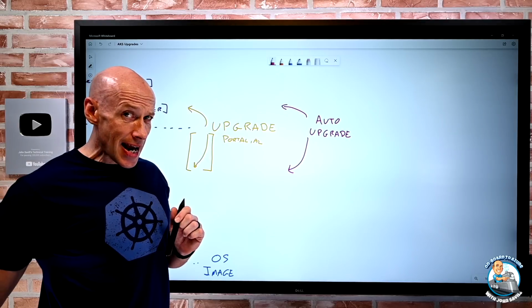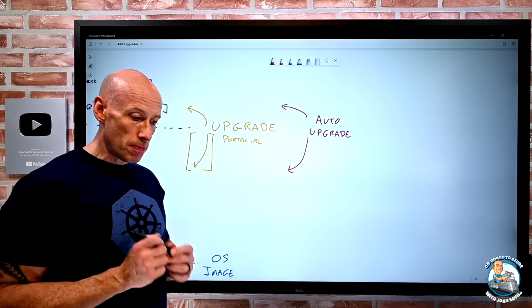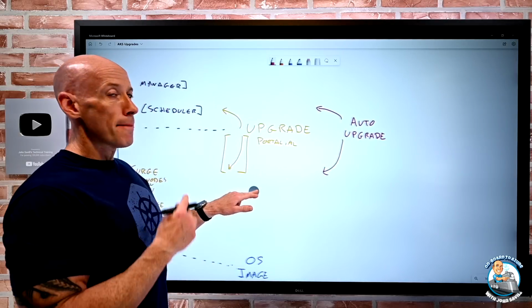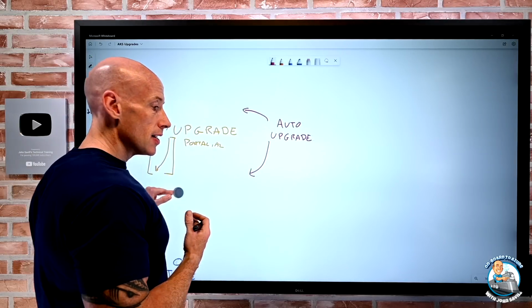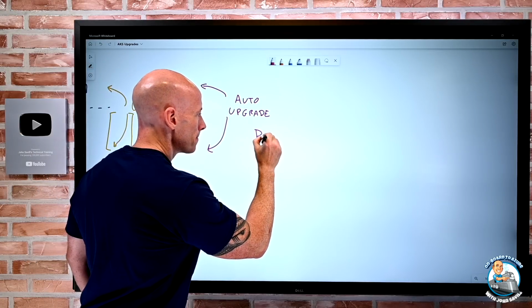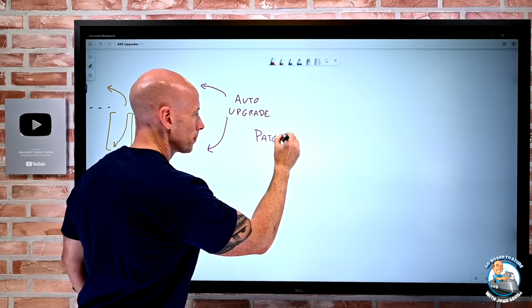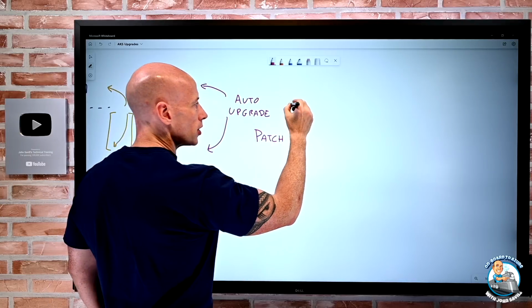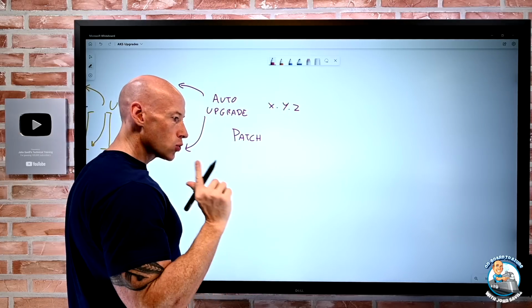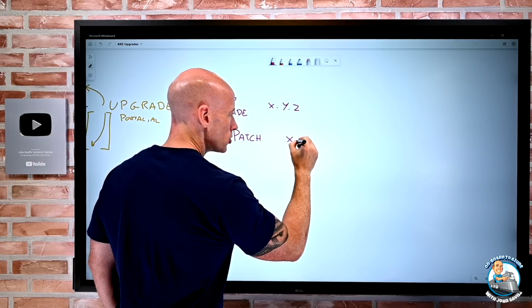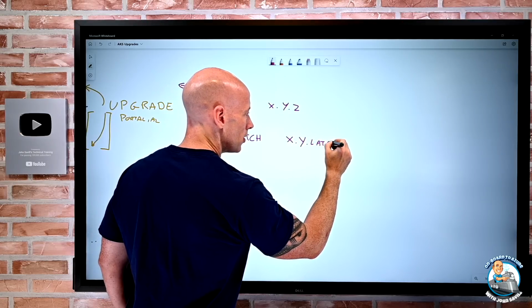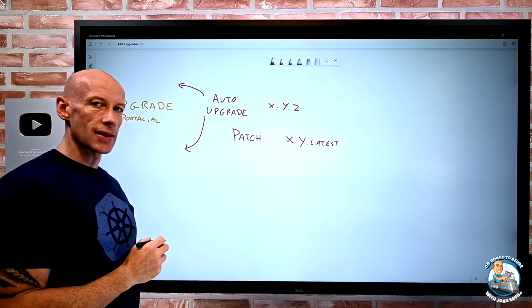I can select how aggressive I want to be. Now remember, we have that major, minor, patch. I could say patch auto upgrade. And if my current version is x.y.z, what patch will do is it will go to x.y.latest of Kubernetes.